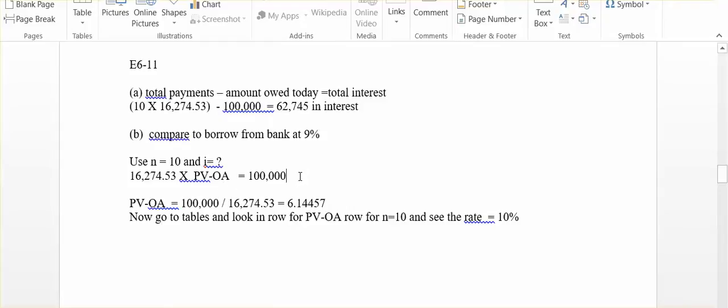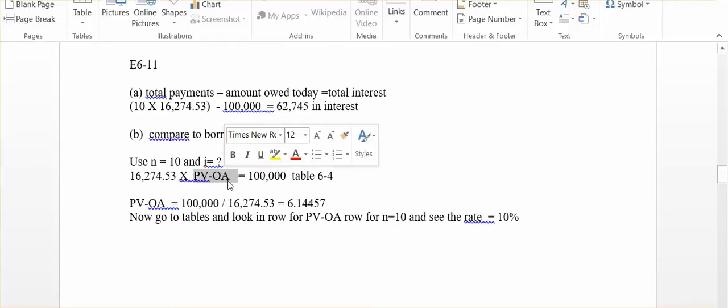That's table 6-4, which is present value of an ordinary annuity. We need to know what that factor is, and once we figure out that factor, we can go out to that table and find what the interest is. So 16,274.53 times variable x.